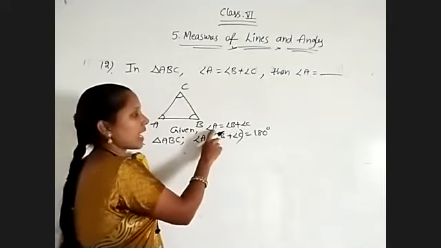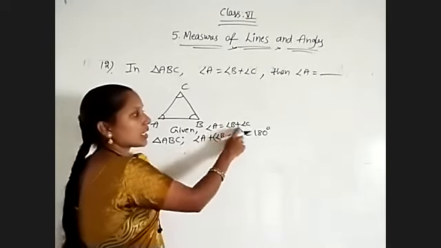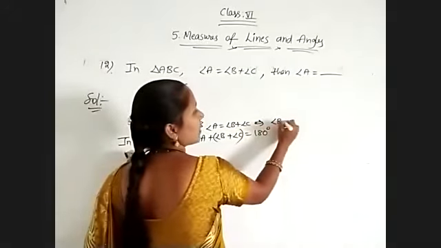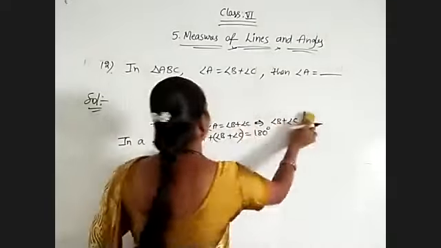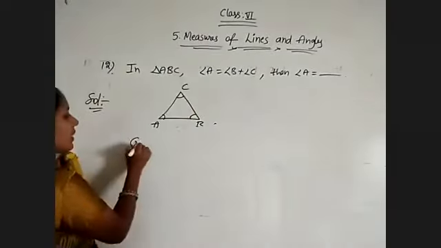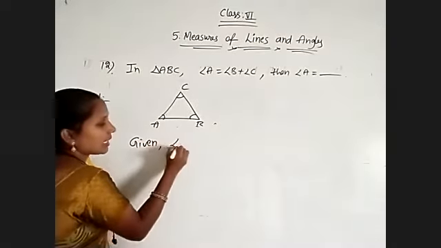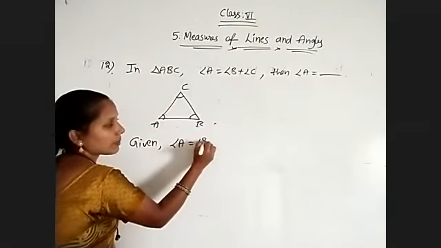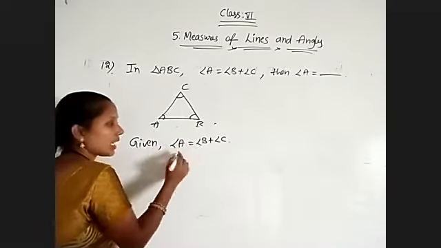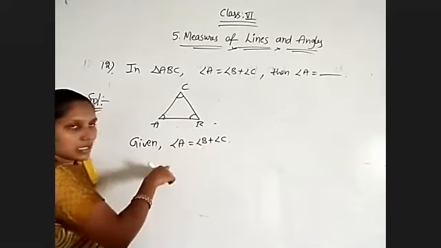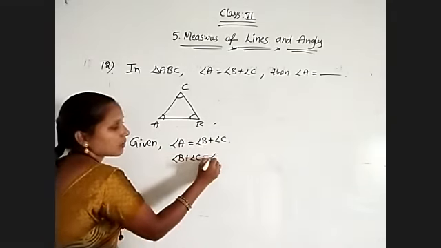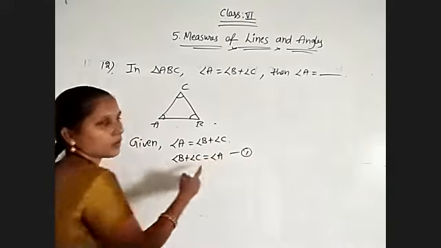That's why, instead of angle A equal to B plus C, I am writing angle B plus angle C is equal to angle A. Instead of this relation directly, I am doing LHS equal to RHS, RHS equal to LHS. Let it be equation 1.